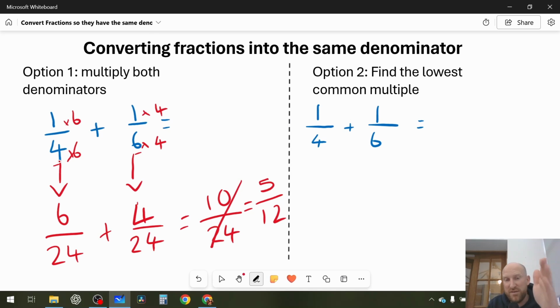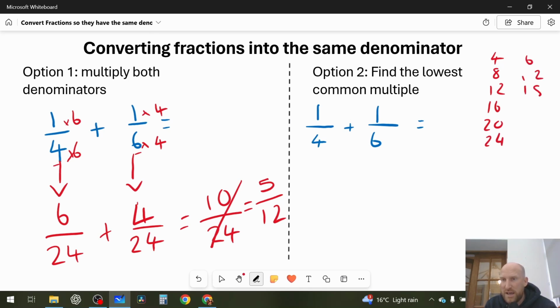and I would actually miss out this final stage. So with method 2, I take a look at the two denominators, 4 and 6, and I can write down the 4 times table: 4, 8, 12, 16, 20, 24. 6 times table: 6, 12, 18, 24.